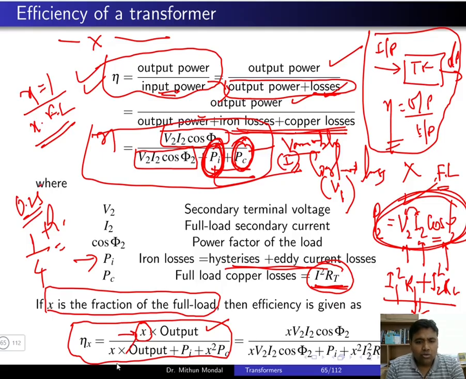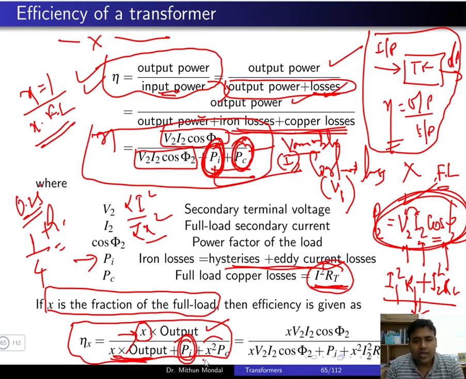Then you know that the denominator will be X into output, and iron loss is irrespective of the load quantity, it will be constant. So Pi will be there, and the copper loss, since it depends on the current square term, is proportional to the square of the current, so it is proportional to X square, that is the load percentage square.